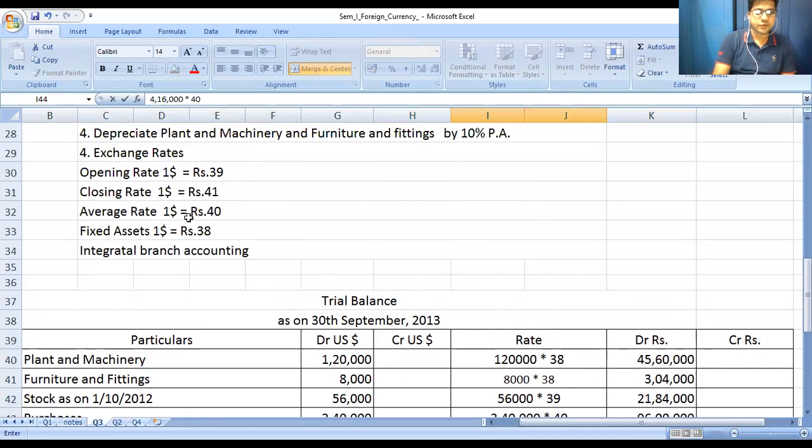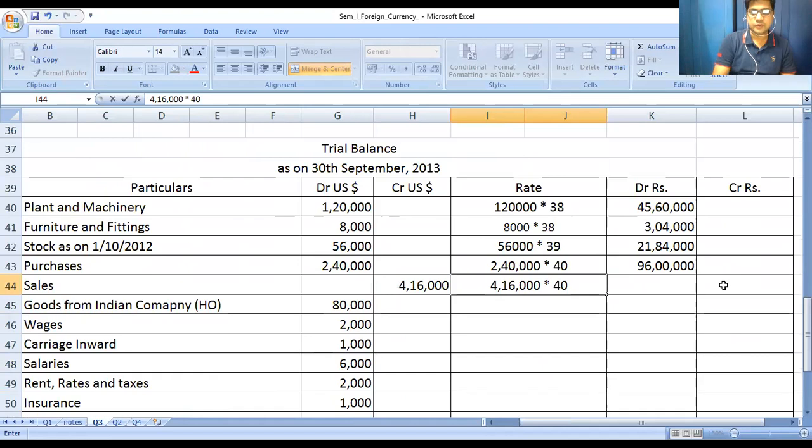Average rate is 40 per dollar. Use your calculator and find out the value. 1 crore 66 lakh 40,000.